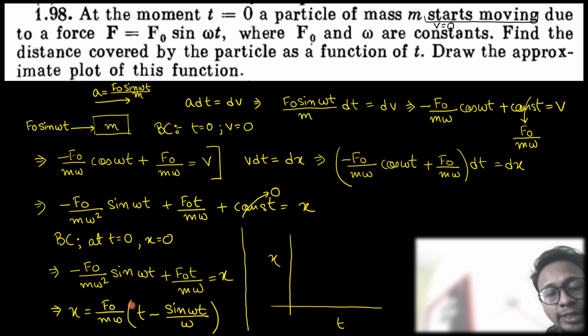But here there is a t, so that is a linear function, that means there would be a line. The resultant graph would look like the addition of this graph plus this graph. So can I say the resultant graph will look somewhat like this?